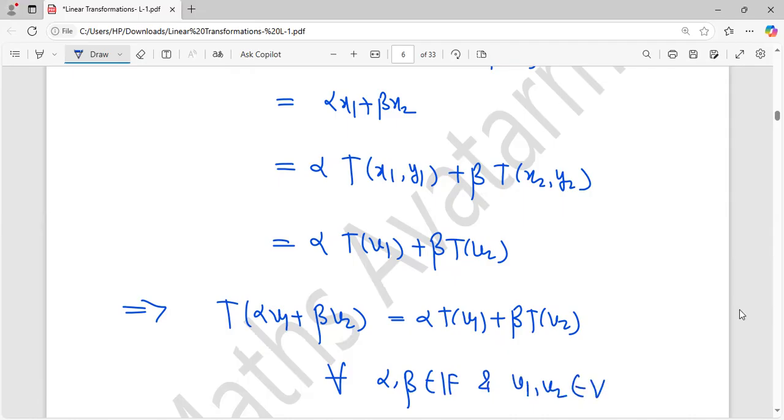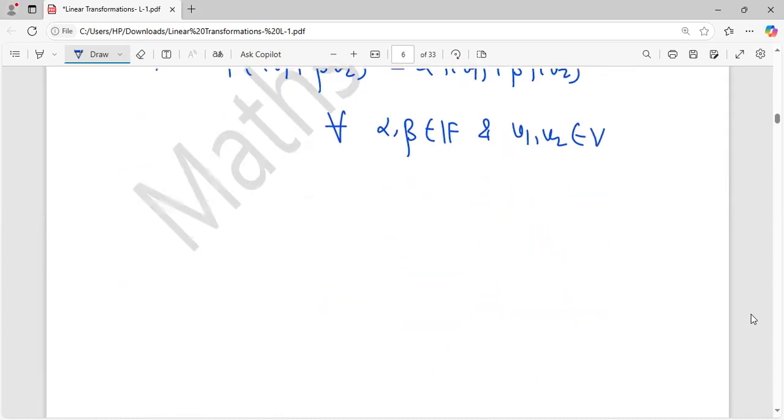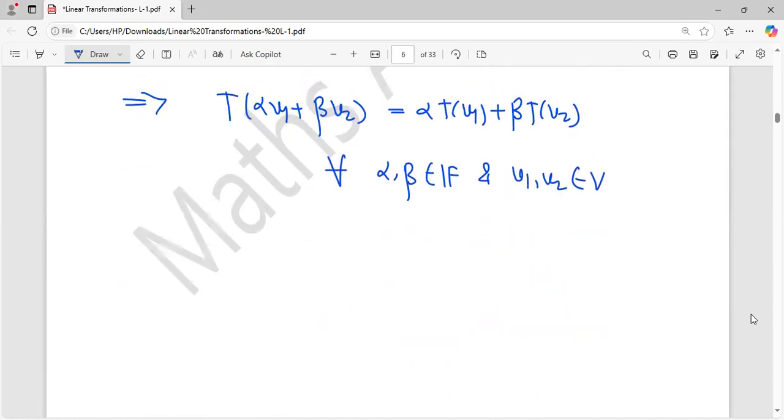So this implies T is a linear transformation.